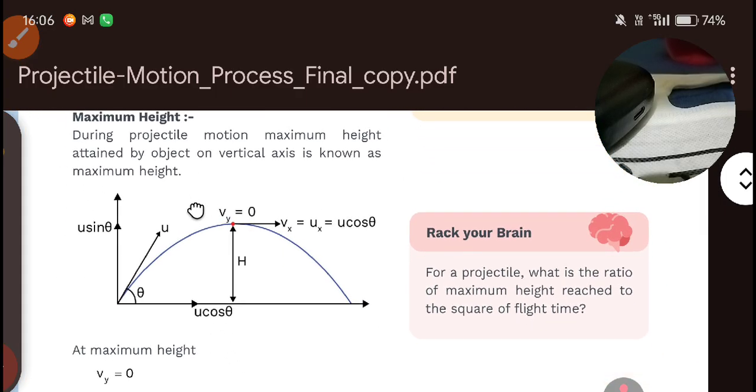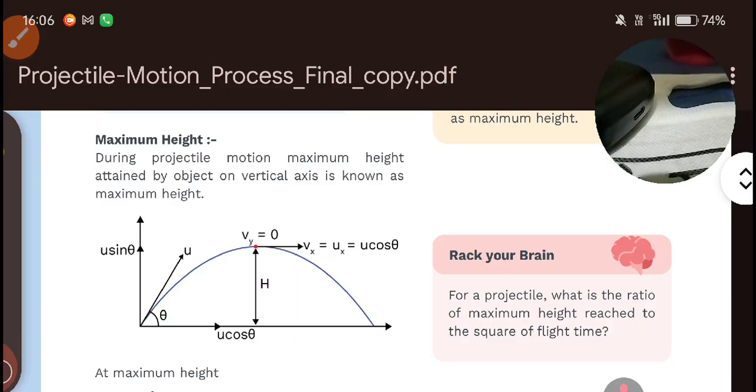Now let's see. Maximum height means this point. During projectile motion, the maximum height attained by the object. This vertical component is u sin theta, this horizontal component is u cos theta, this is theta.